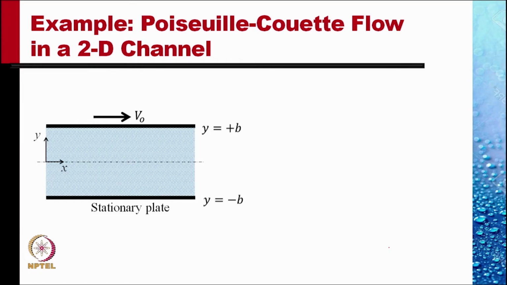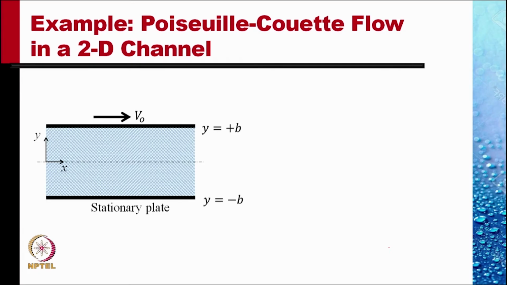2b distance apart. We take the origin in the middle of this channel so that the upper plate is at y equals plus b and the lower plate is at y equals minus b. Let us assume that the lower plate is stationary while the upper plate is moving with a constant velocity v naught.